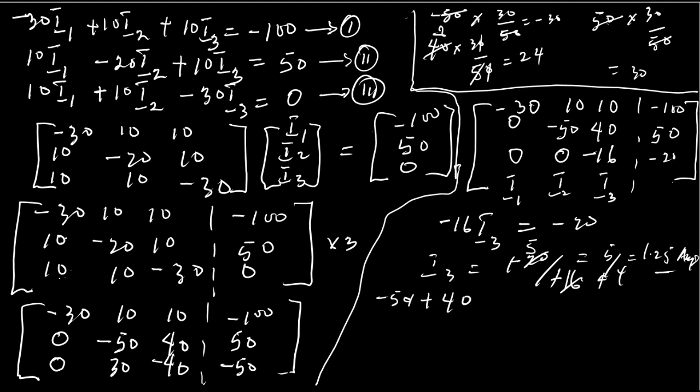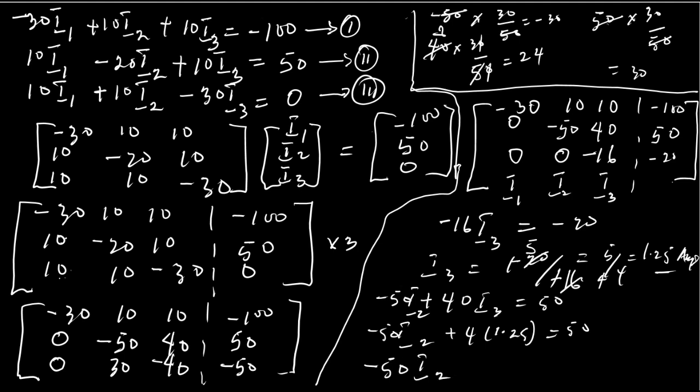Now, to solve for I2, we'll pick the second row, that's minus 50 I2 plus 40 I3 is equal to 50. So that's minus 50 I2 plus 40 times 1.25 is equal to 50.